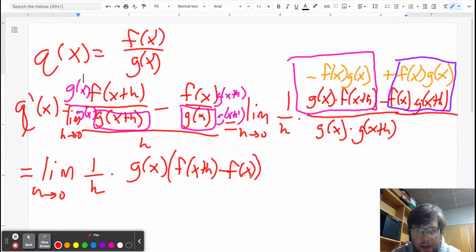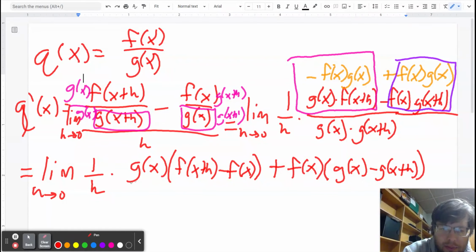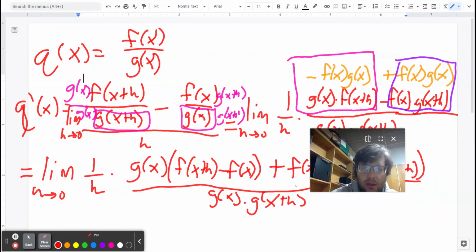And if I look at the purple terms, they have f of x in common, and they have positive g of x and a negative g of x plus h. This is looking pretty good. And the denominator has g of x times g of x plus h.